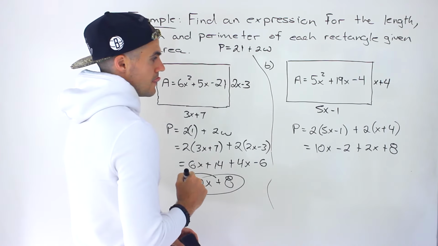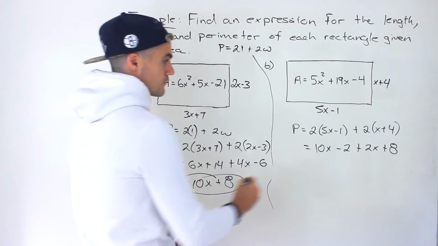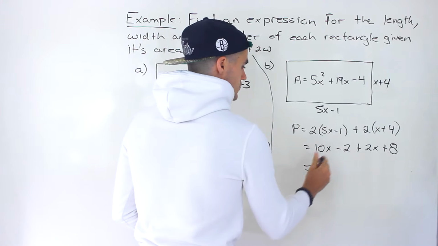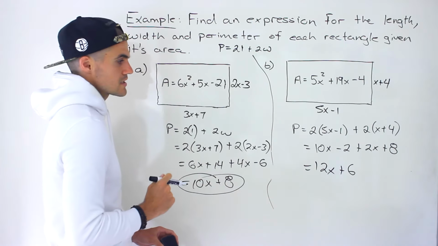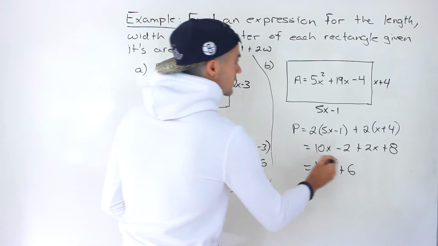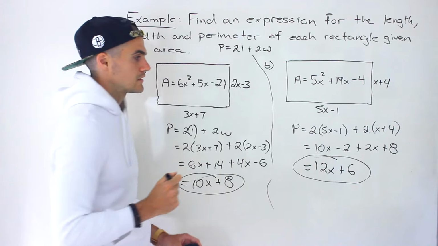And then from here, like terms, 12x plus 6 minus 2 plus 8 gives us plus 6. All right, so for this rectangle, the perimeter ends up being that.